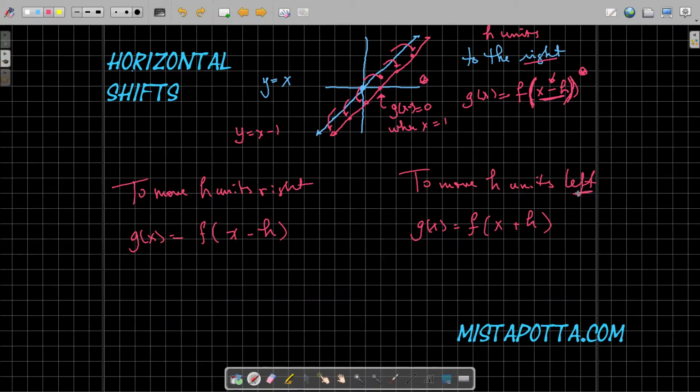Notice that even though I'm moving to the left, this is still a plus sign. Even though I'm moving to the right, this is a minus sign. We have to keep in mind that when we're dealing with horizontal shifts, it's going to be the opposite of what our common sense tells us.